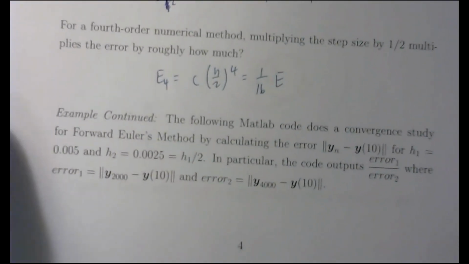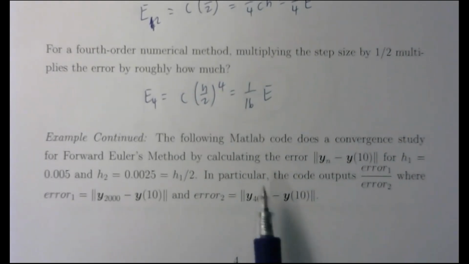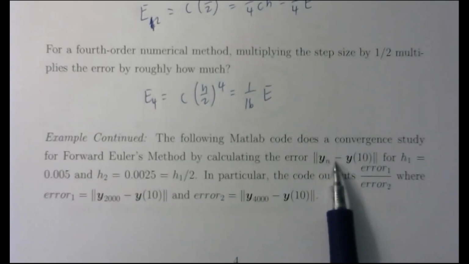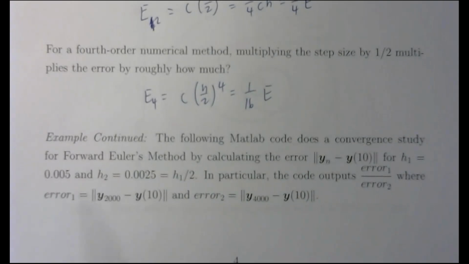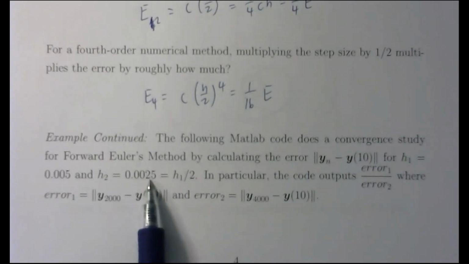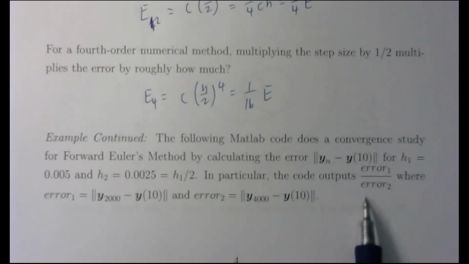So looking at this, it tells me a way to define something about my numerical methods. I'm going to show you a MATLAB code that does this convergence study to calculate this error between y at time 10 and the nth step of y when h is 0.005 or 0.0025, so a half of that. And we look for the ratio of these errors.